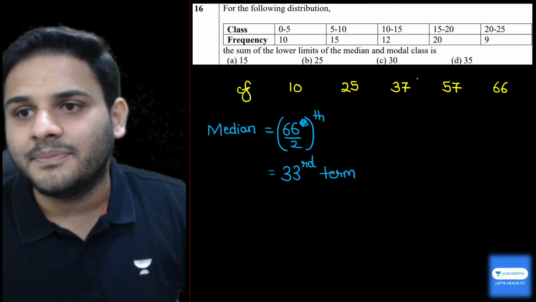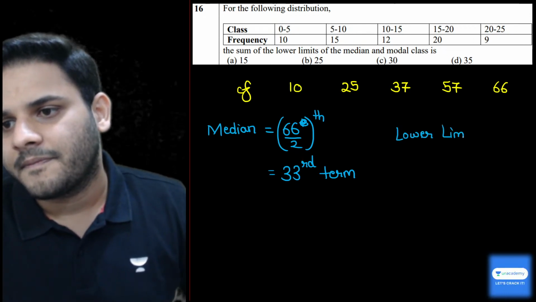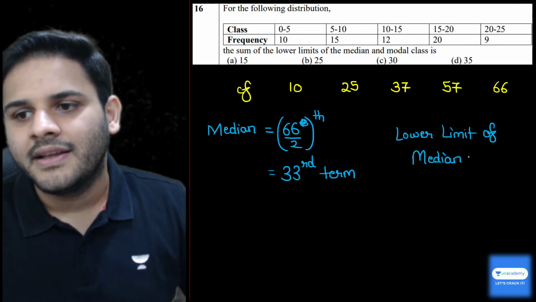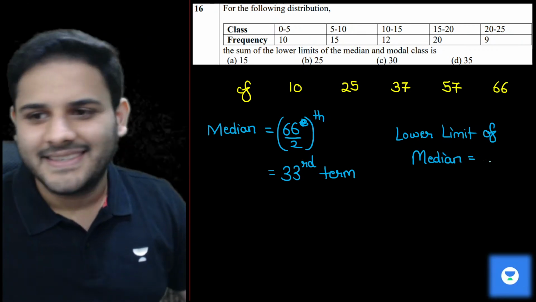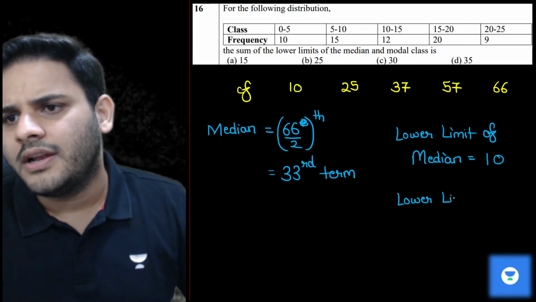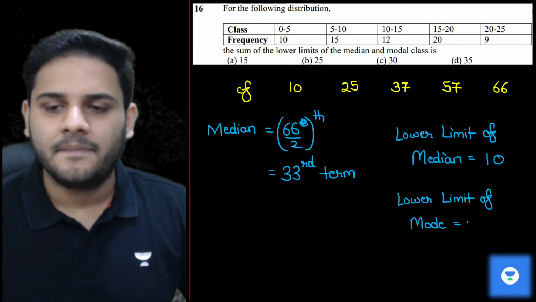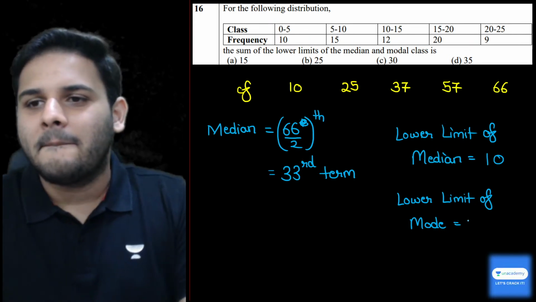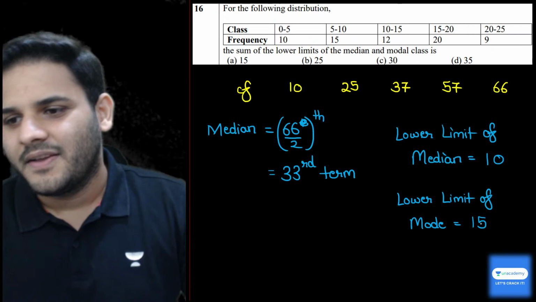Now 33rd term, that means the lower limit of median will be 10 and the lower limit of mode will be 15.